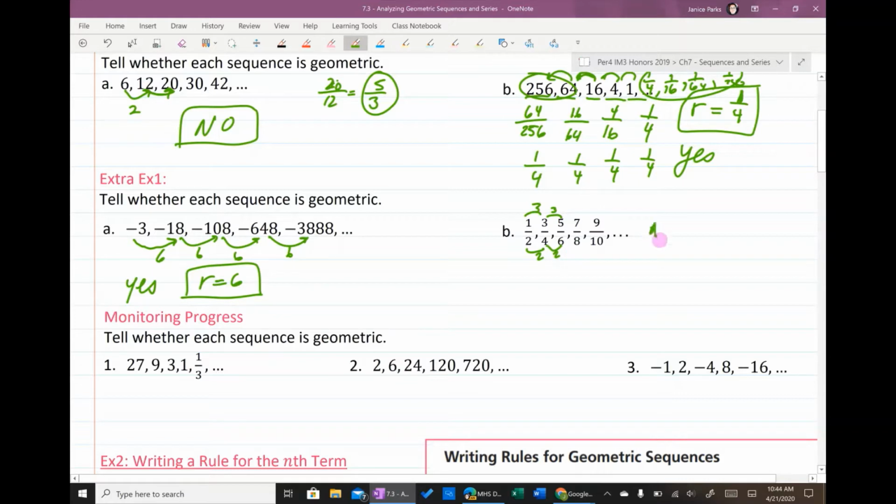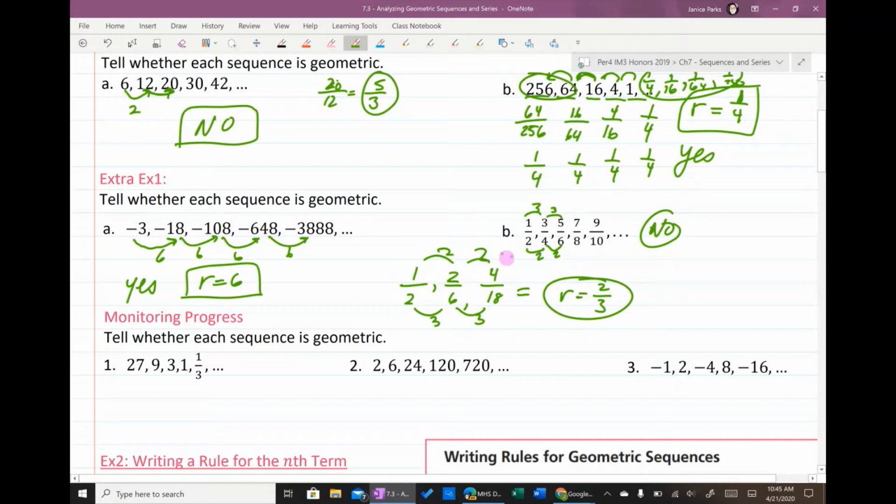So it's already no. But if it was something like, let me just make something up, 2/6, 4/18, then at the top they're multiplying by 2 and at the bottom they're multiplying by 3. So the common ratio would be 2/3. You can do the top and bottom separately. This is just like a separate example.